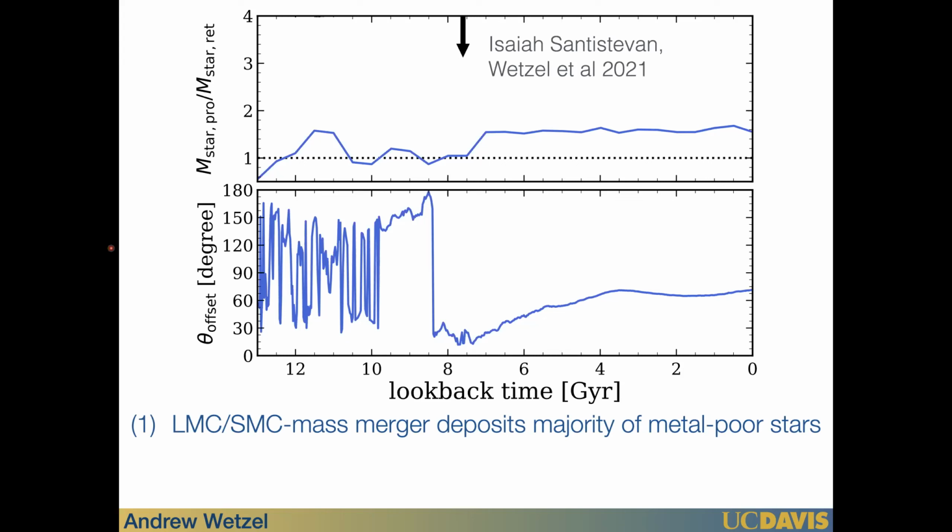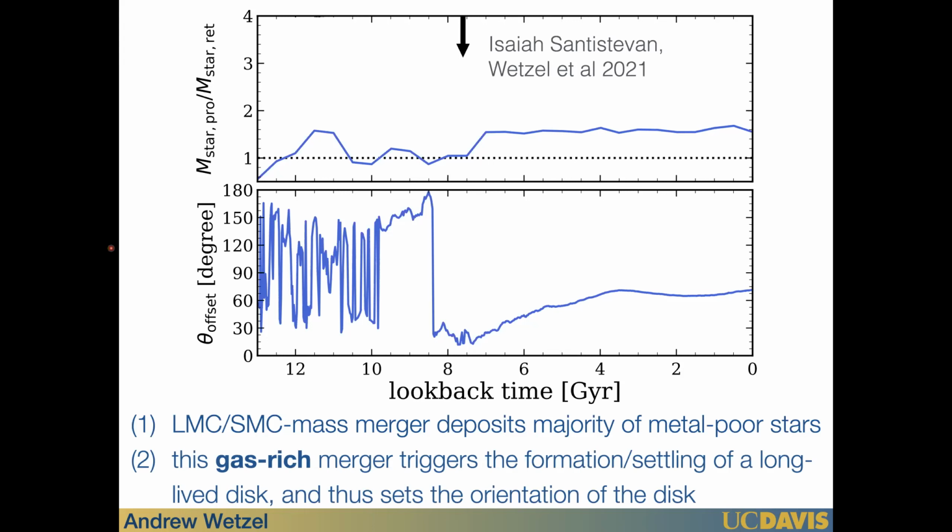But if you think about it, even if just 1% of the stars in the LMC are ultra metal poor, the LMC is stellar mass 10 to the 9, 1% of that is 10 to the 7. So that already is far more stars than in all of the ultra faint dwarf galaxies of the Milky Way combined. So a single massive merger, even if there's just a tail to ultra low metal stars, can easily overwhelm the entire population of ultra metal poor stars that end up in the Milky Way. So that merger deposits most metal poor stars.